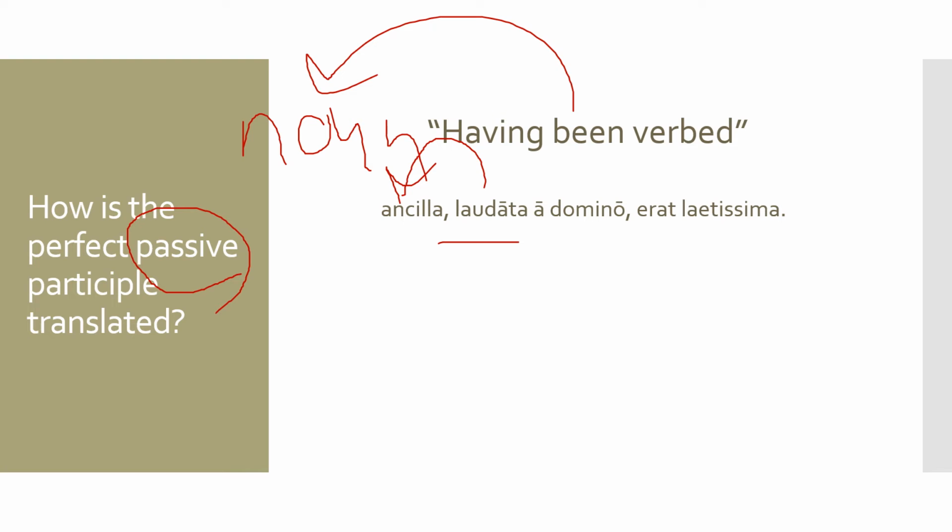And that's an acceptable translation, but just to emphasize that it's the perfect passive participle, we can keep the having been for right now. So the slave girl, having been praised by the master, was very happy. And it's passive because that action, having been praised, is going back to the slave girl.